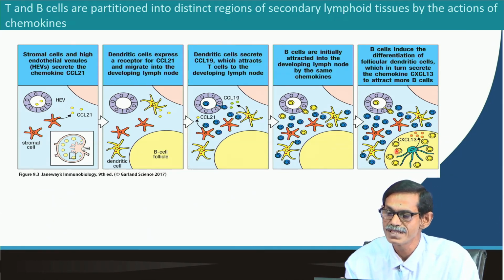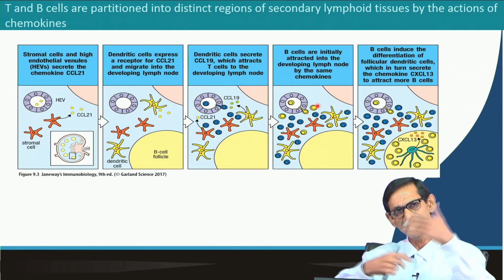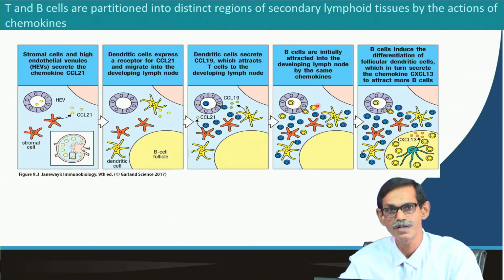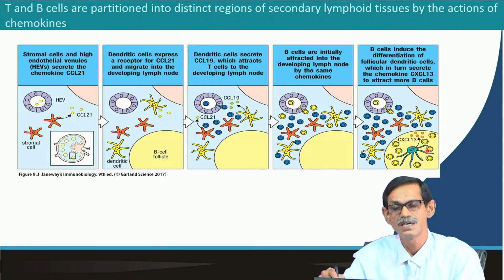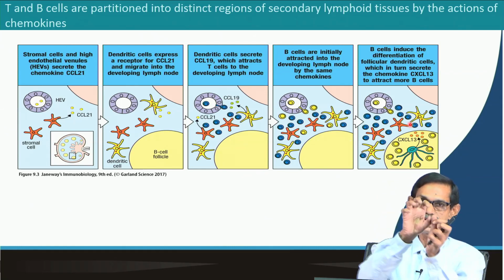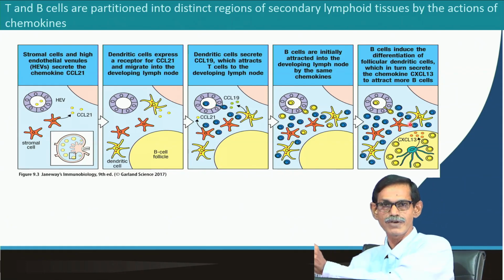So what happened is that they interact with each other, it is not that one is doing something to another. The B cell is also helping activate the dendritic cells here, which release CXCL13 and call all the T cells to the germinal center. So something is attracting both B cell and T cell, and then from there the B cell is also going to another part.